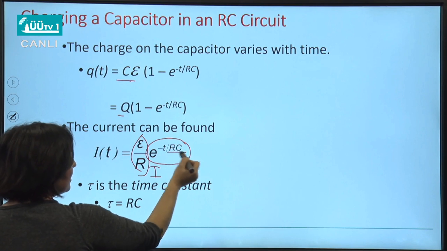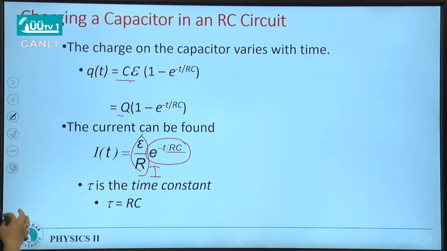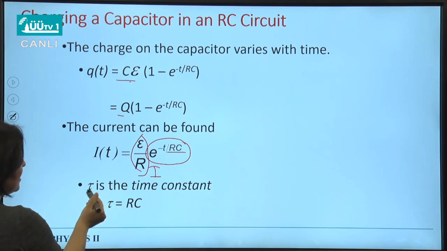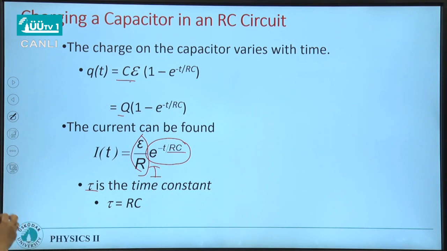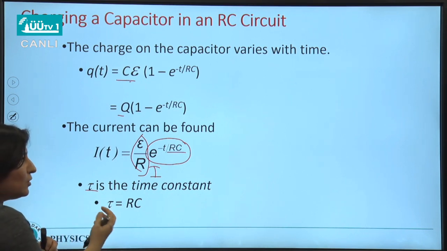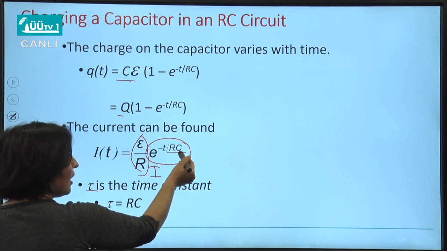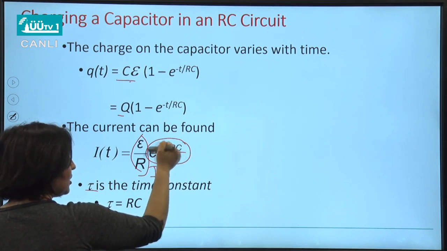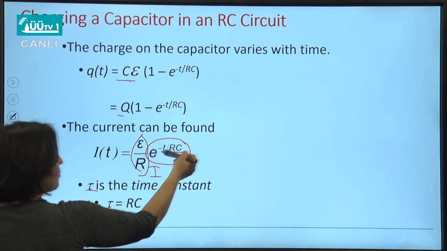So RC actually is the time constant for charging or discharging a capacitor. We call this tau. Tau is the time constant. It is constant because we are using R and C, which in the circuit are already constant.